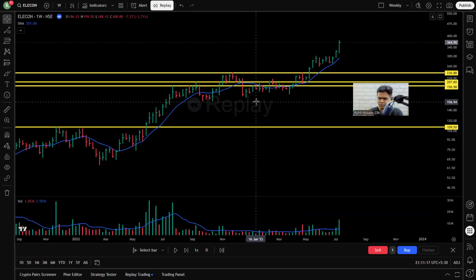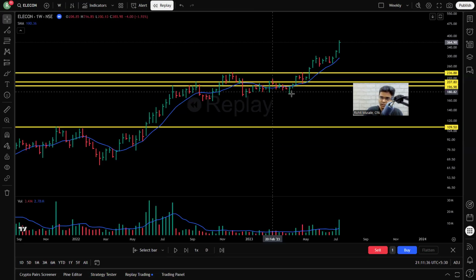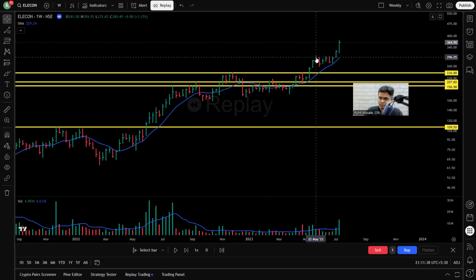Okay. So just because it forms base 2A, 2B, 2C doesn't mean that the chart is not going in our favor. In fact, the base is getting better and better. The quality of the base is getting better and better. Okay. And the higher the quality of the base, the more powerful the breakout is going to be. That is why you see in 2 weeks, the target was achieved.